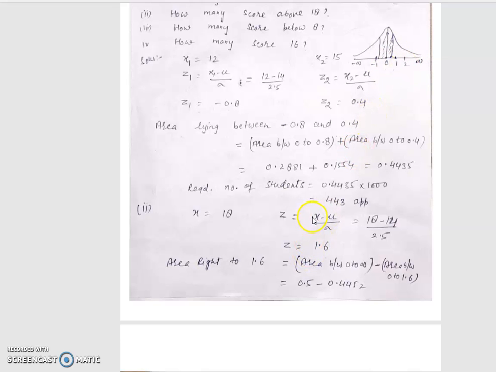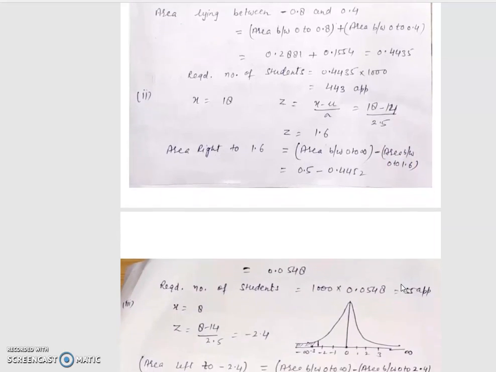How can we find it? We find the area between 0 and infinity minus the area between 0 and 1.6. The area between 0 and infinity is 0.5 and the area between 0 and 1.6 is 0.4452.